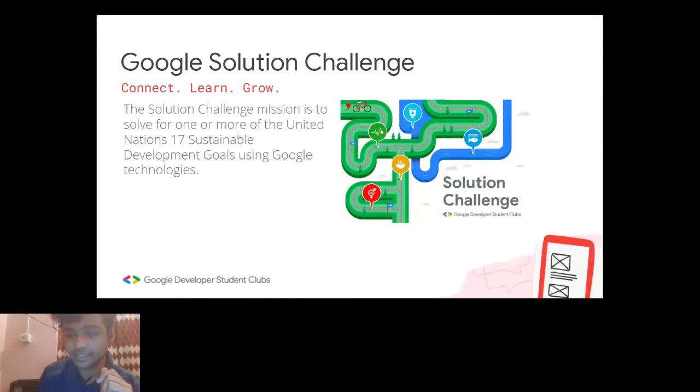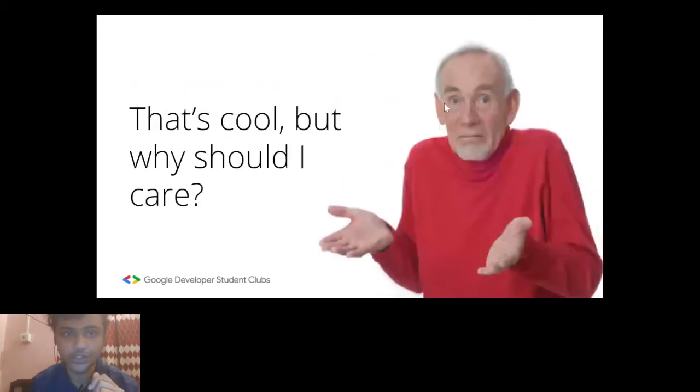And this year, in 2021, among the top 10 finalists, there were 2 teams from India, and one of the teams actually won the event. So you can Google, they made a project called Eye of God. I'm not going to get into that today, but you can Google it. It's amazing. You should check it out. So that's all about the solution challenge.